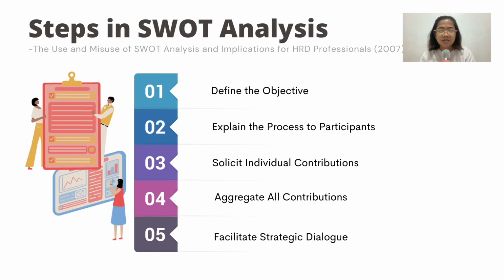Each of these general steps is described as an attempt to provide a generic model of SWOT analysis. First step is to define the objective. The first step is to define the desired end state or objective, which should be explicit and approved by all participants in the process. Step 2 is to explain the process to participants.